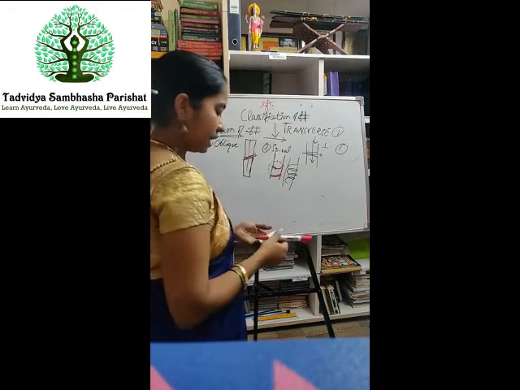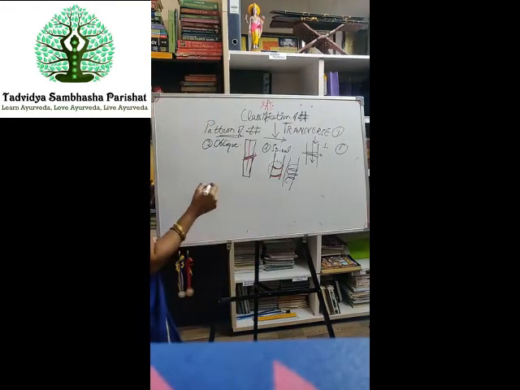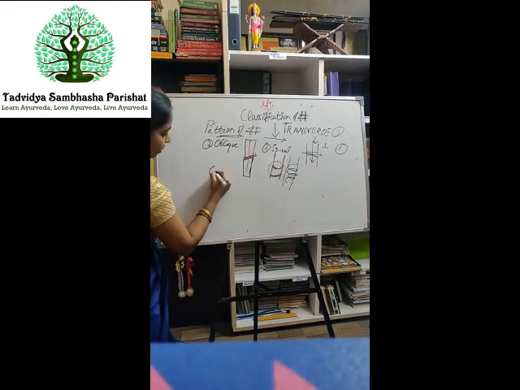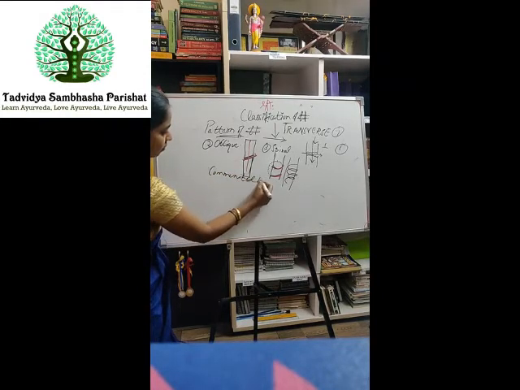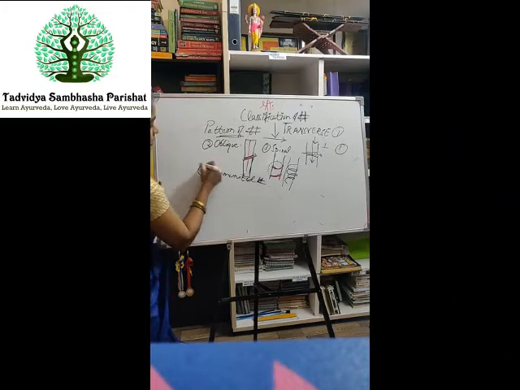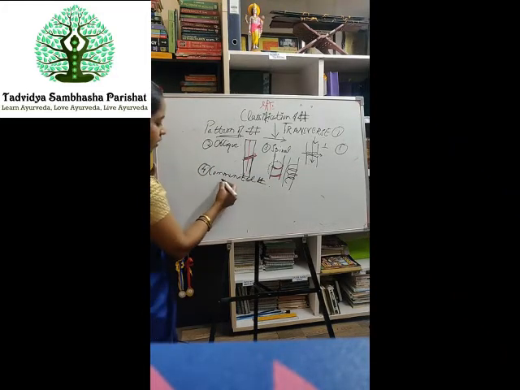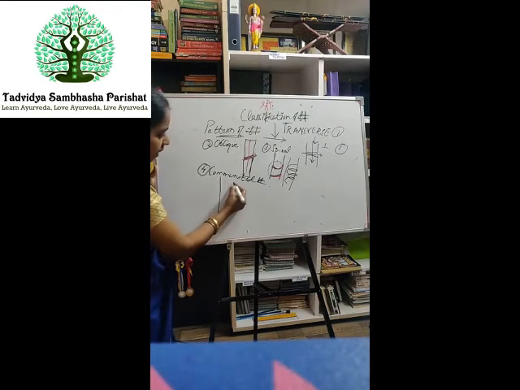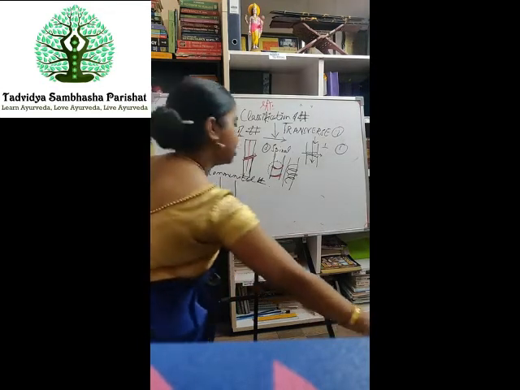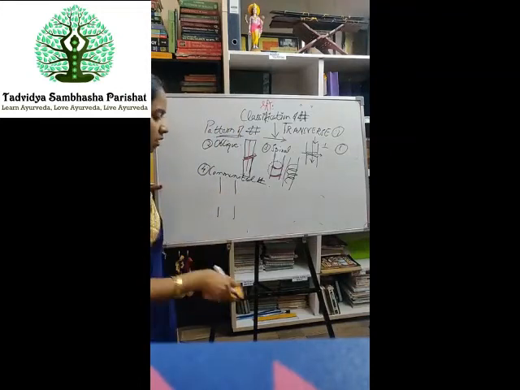Now the fourth one is comminuted fracture. This is the fourth one. So in the comminuted variety, what happens? There will be many bony fragments. So suppose there is a fracture here.